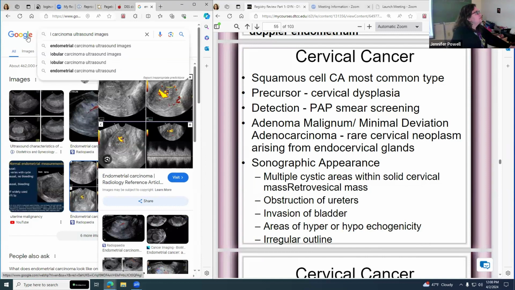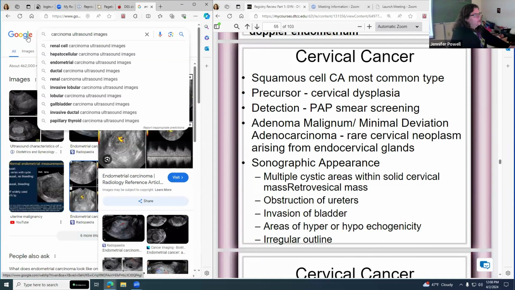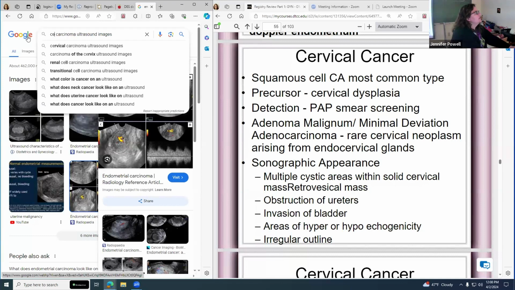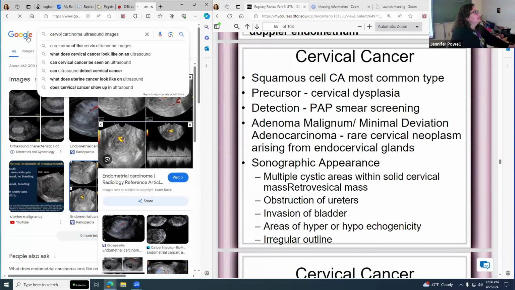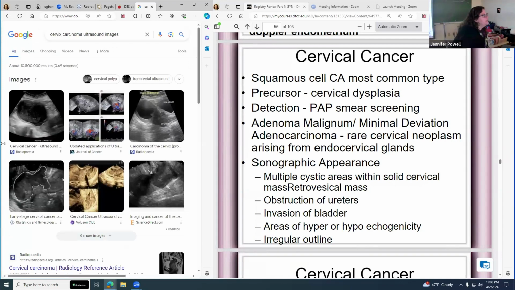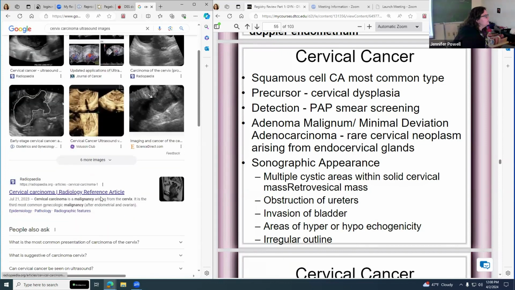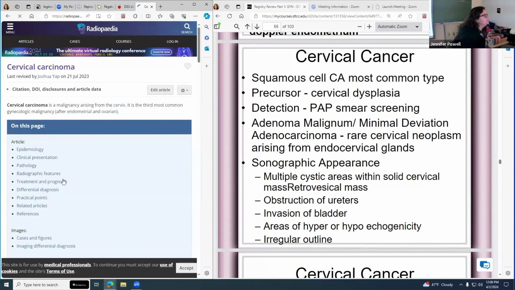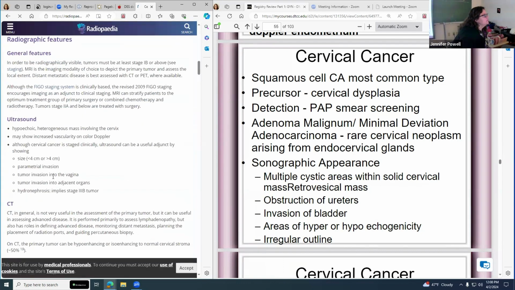I actually just recently read something too, where a woman went to the doctor's office and had a very vascular cervix. And they did some testing on her, and it did end up being cervical carcinoma. So, increased vascularity.